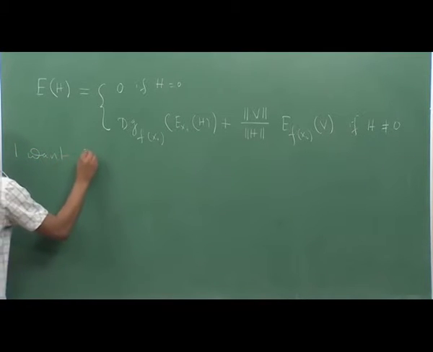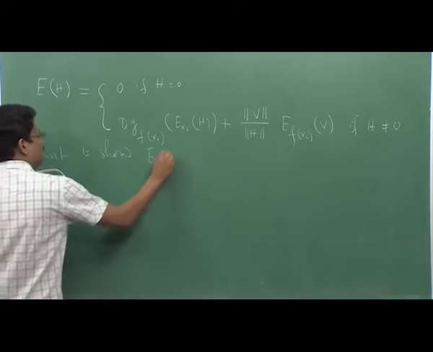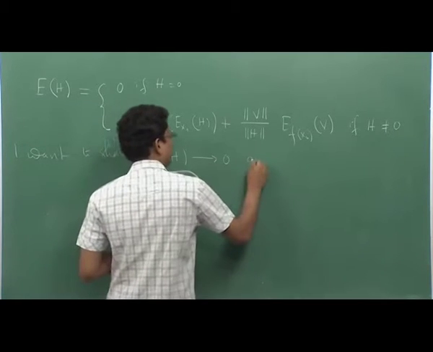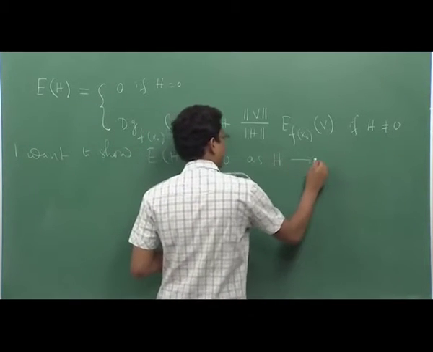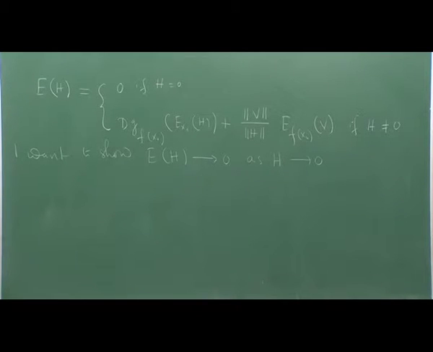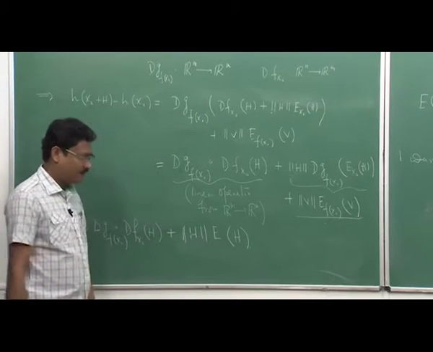I want to show E H goes to 0 as H goes to 0. Why so? If I achieve this, then I have got two of the answers simultaneously.